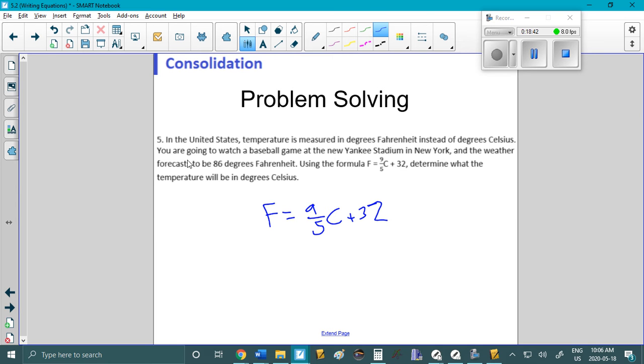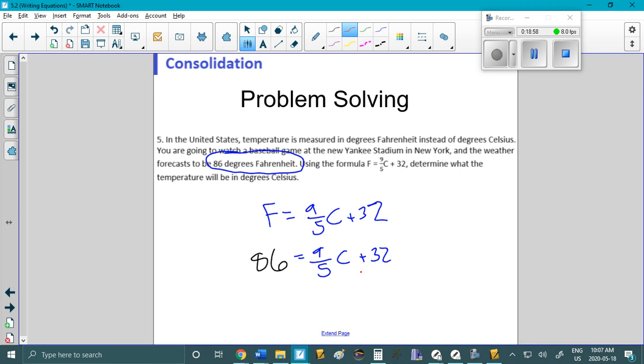So it says here 86 degrees Fahrenheit. So that means that 86 is F, and we're asked the temperature in Celsius, so we have to solve for C. Now again, this is tricky. That's why I'm showing you how to do it here.